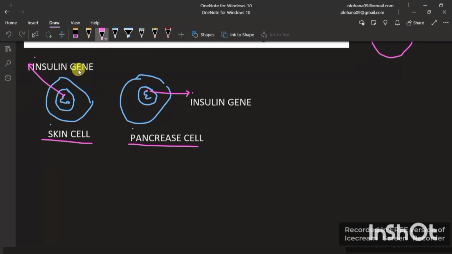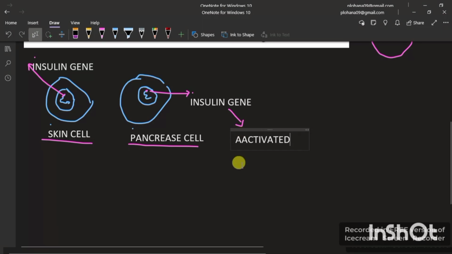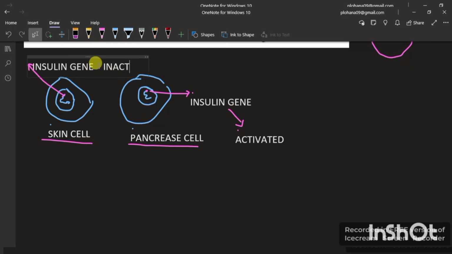Now we need to know that the insulin gene is secreting its secretion in the pancreas cell. But why is it not secreting its secretion in the skin cell? Just because of the activation. Here the insulin gene is activated, while in the skin cell the insulin gene is inactivated.